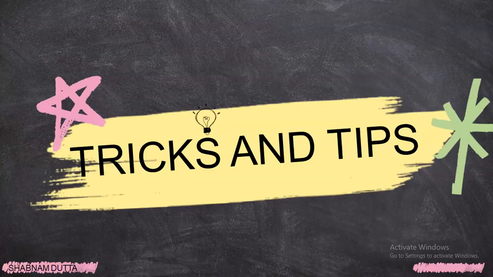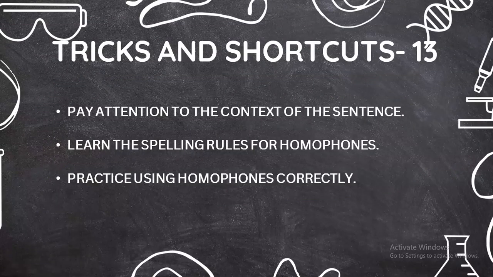So, how to avoid such an error? Simply follow these tips. Number 1, pay attention to the context of the sentence. Number 2, learn the spelling rules for homophones. And number 3, practice using homophones correctly. Trust me, there is no other way to ensure no homophone mistakes.